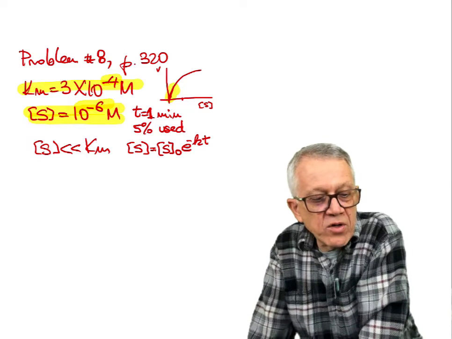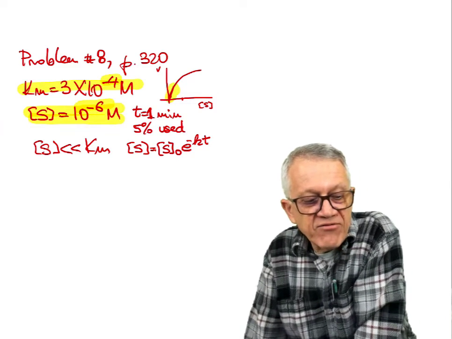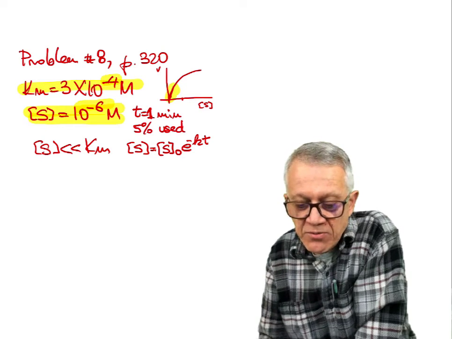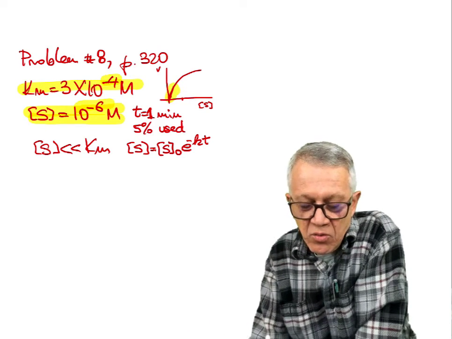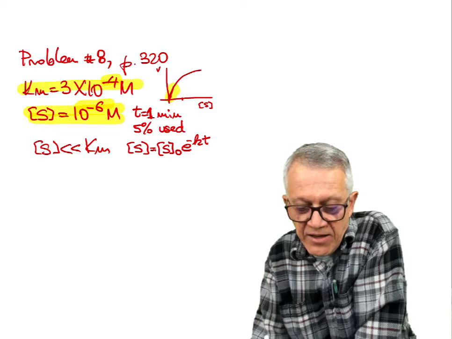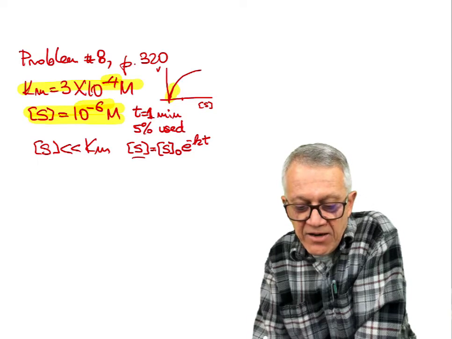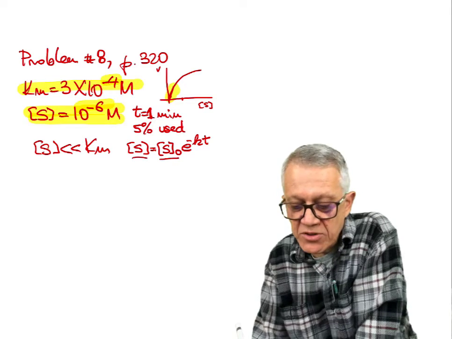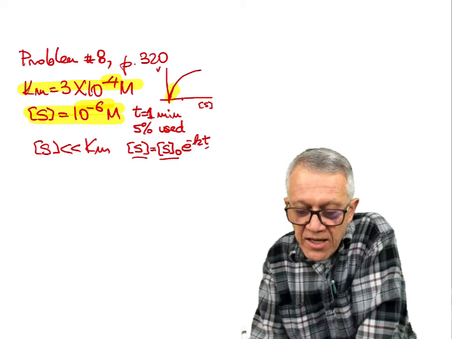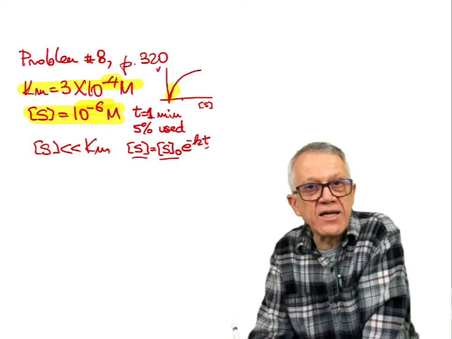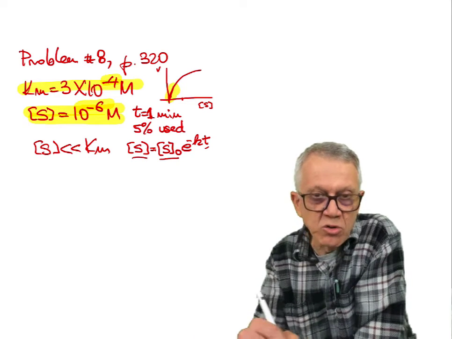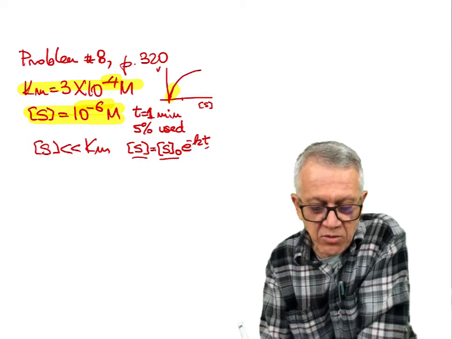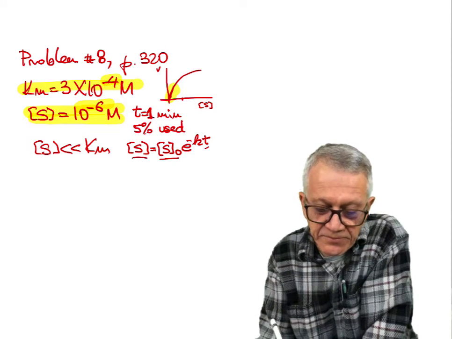So we know that we had 5% consumption at a certain period of time, and we have t, so we can calculate k. Basically what Segel is doing here is trying to give you k indirectly. So let's calculate k. How do you do that?